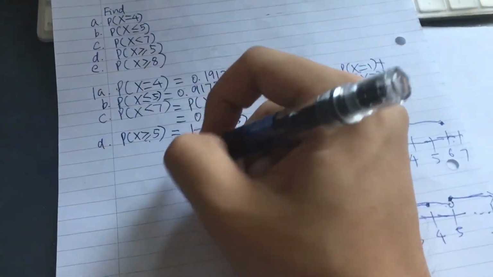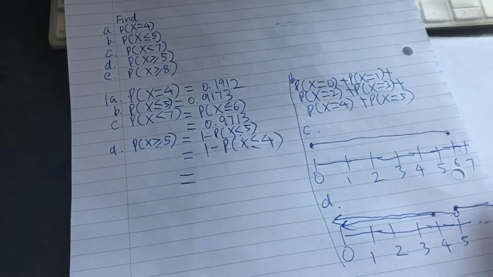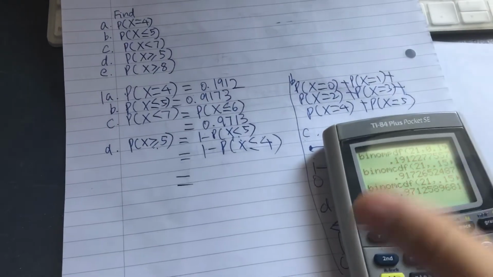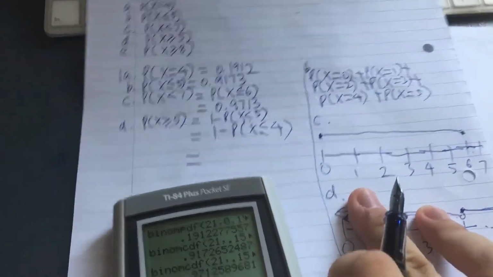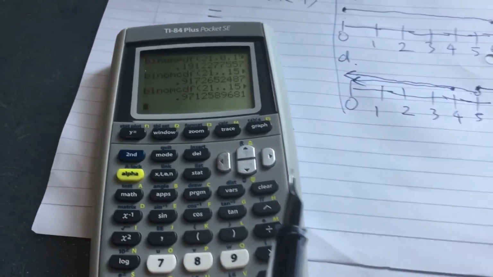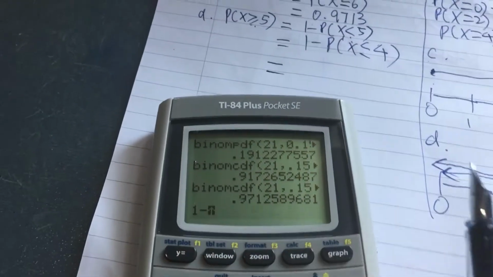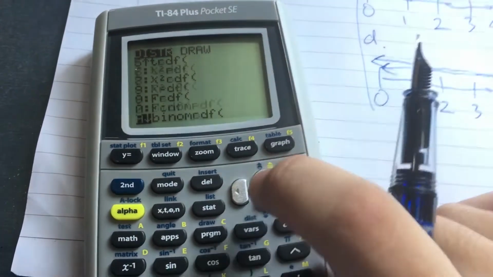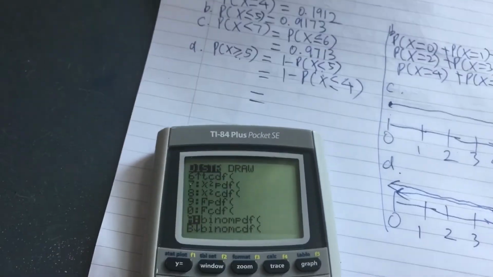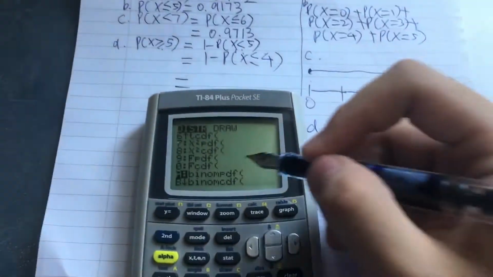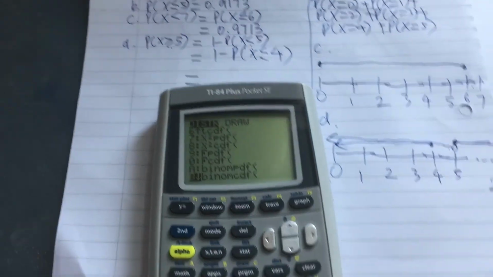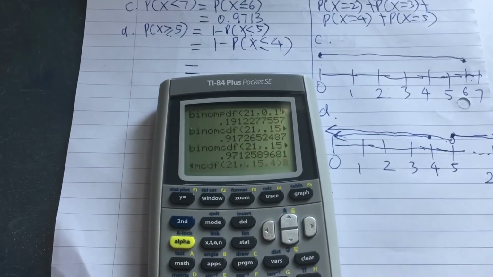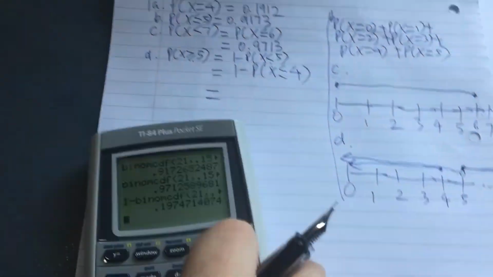Now, when you have this complement form, you can use the GC to help you. So we'll take 1 minus second vars, use binomial CDF 21, 4, and this is the answer.